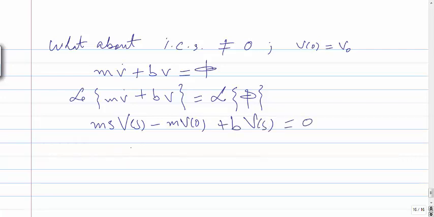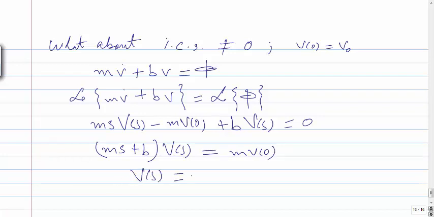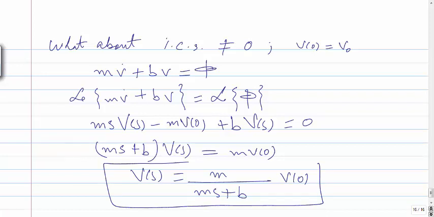So when we do a little manipulation here, it becomes m s plus b times v of s, and take the initial condition to the other side, it becomes m v naught of 0. So v of s in that case is equal to m divided by ms plus b times v naught of 0. So this is the initial condition response.